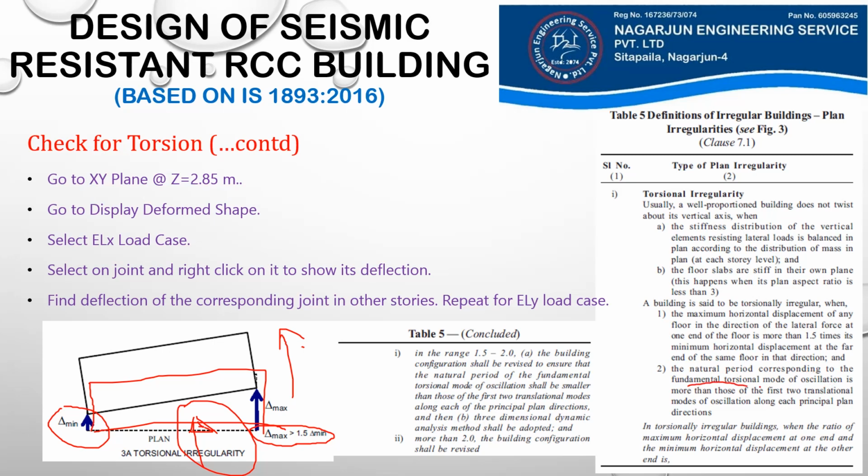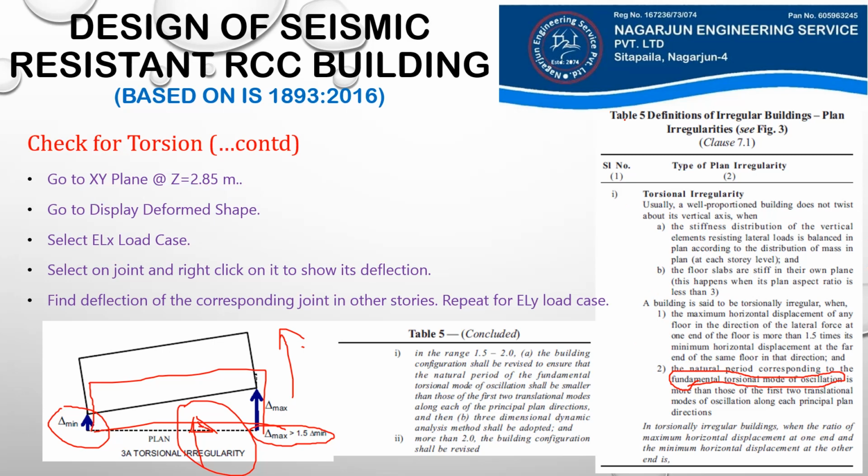What is the fundamental torsional mode of oscillation? We saw the table for modal participating mass ratios in our previous slide. In that we saw that the first two modes of vibration were translational modes. Translation mode was predominant in the first two modes, and our third mode of that building was the first torsional mode.